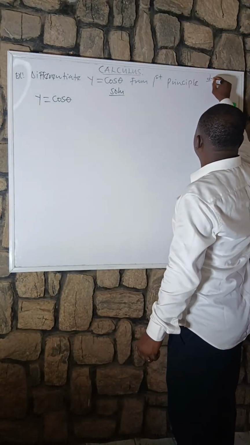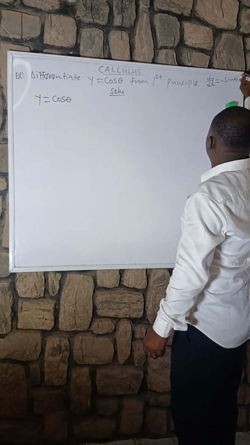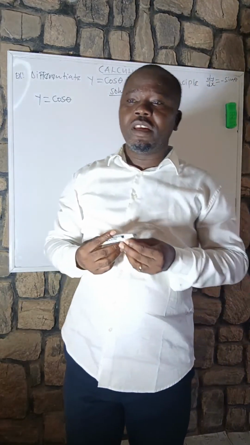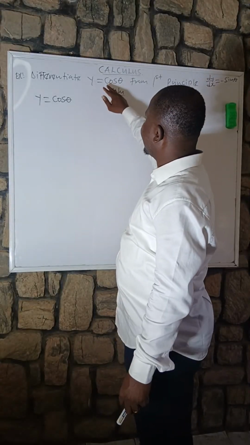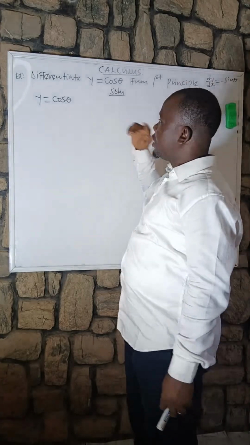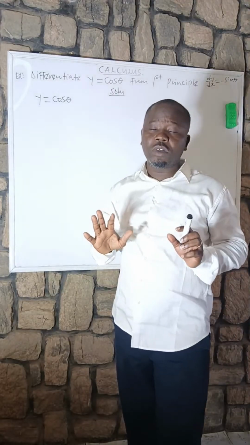Our dy over dx. We are supposed to have minus sine theta. True or false? That is true. So now they say we should differentiate y equals cos theta from first principle. How can we differentiate this from first principle? That is what we want to look at.